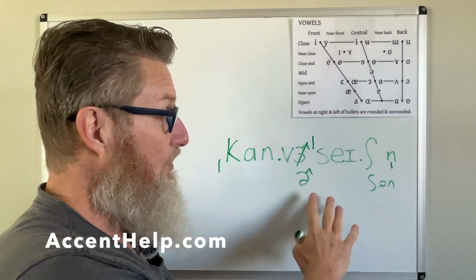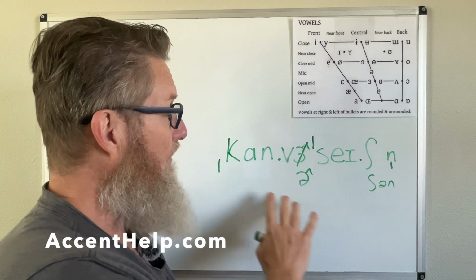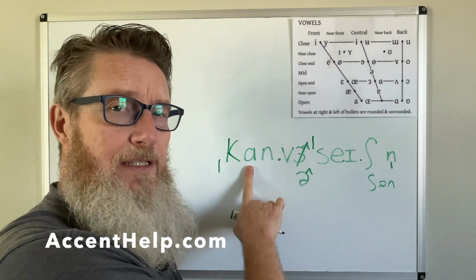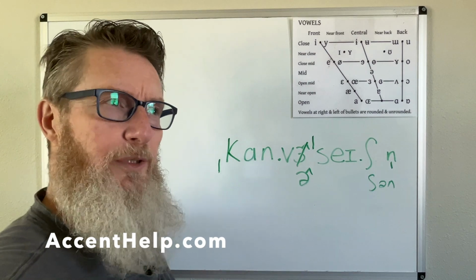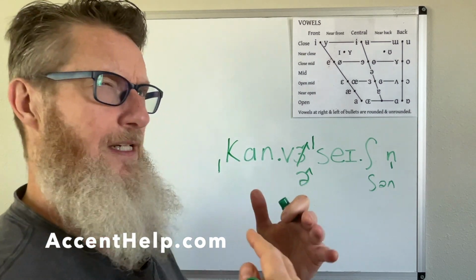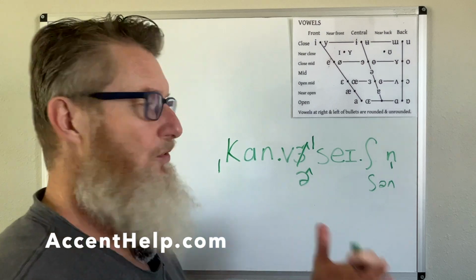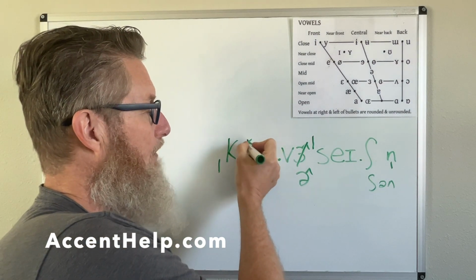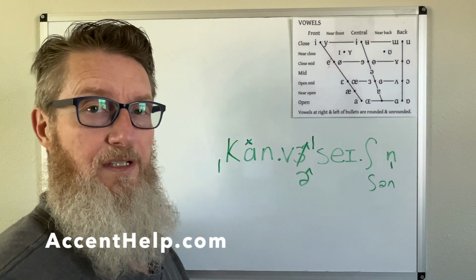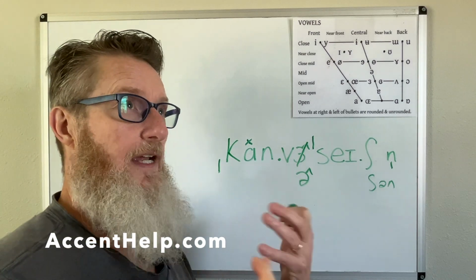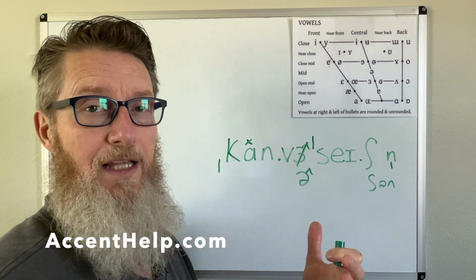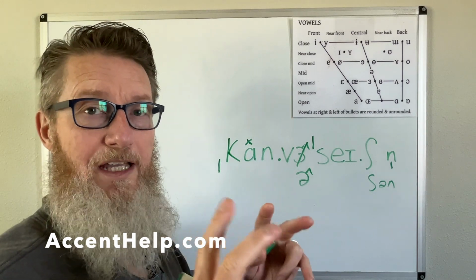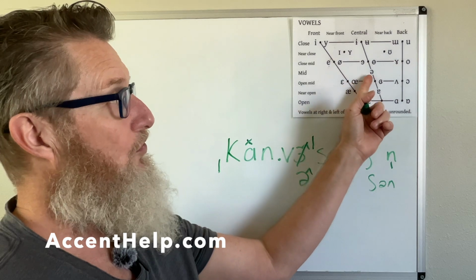So that I would say is the primary thing to be aware of. What'll oftentimes happen in this secondary stress is that it's still a recognizable vowel, but the recognizability of it will be a little bit reduced. So I would very commonly want to put this little X above it, which is a diacritic that means mid-centralized. I like to think of it as schwa-ified, so you're moving towards a schwa.